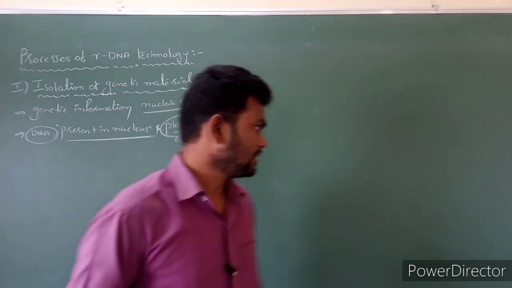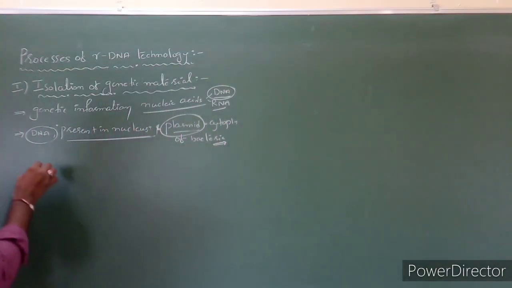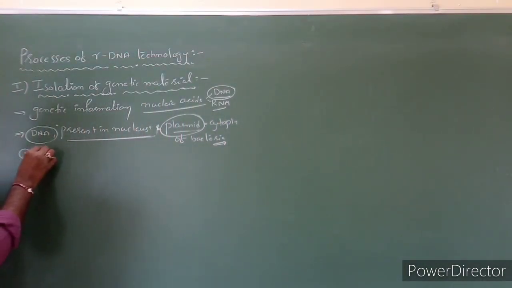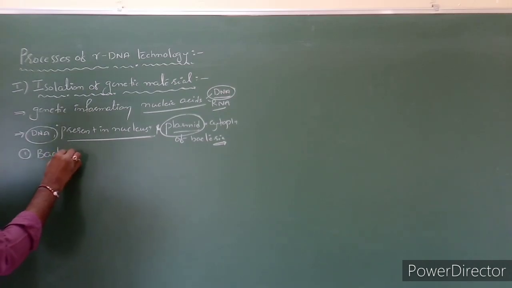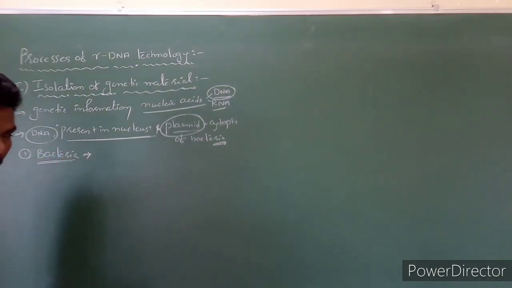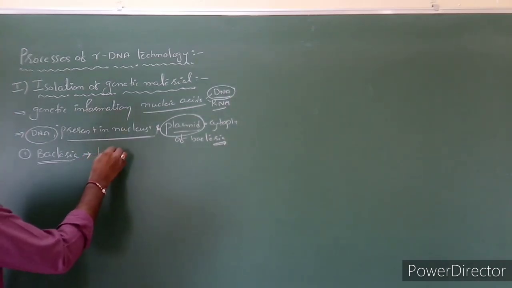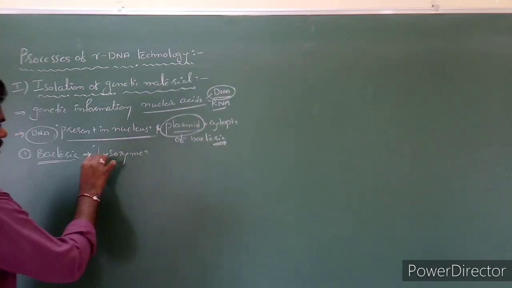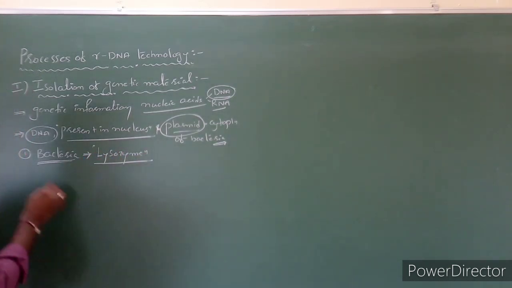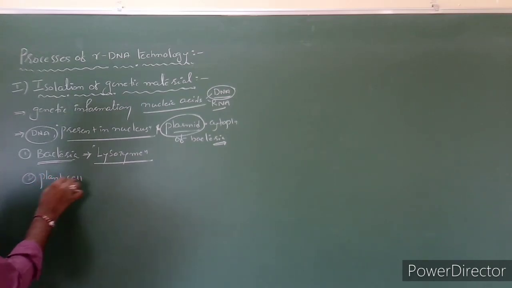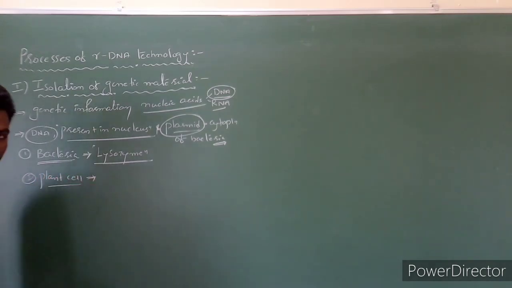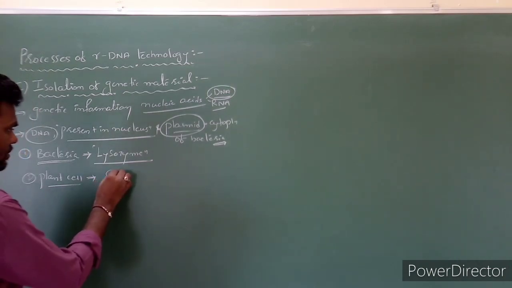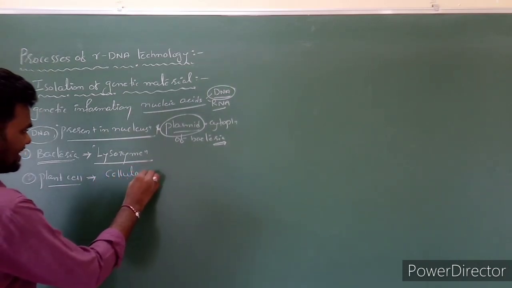Okay, write it. If you are using a bacteria, which enzyme are we going to use? Lysozyme enzyme. And if it is a plant cell, the plant cell wall is made up of cellulose, so you are using cellulase enzyme.